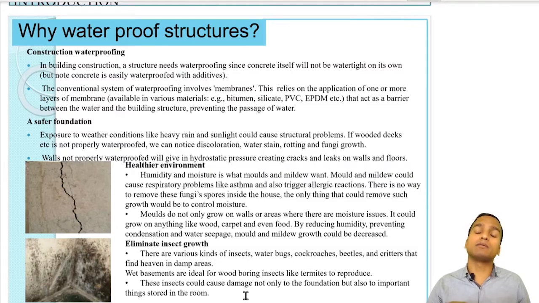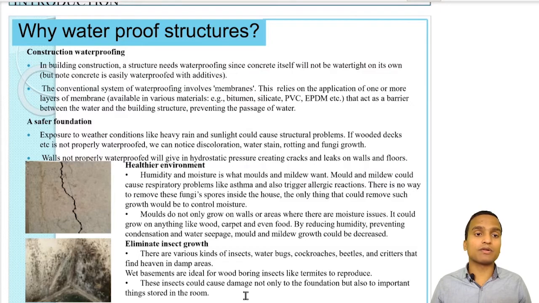It may be that we use 5 layers of membrane, and such membranes are available in the market. These different membranes can be of the material bitumen, silicate, PVC, EPDM, etc. These membranes act as a barrier between the water and the building structure, and that's why they prevent the passage of water.